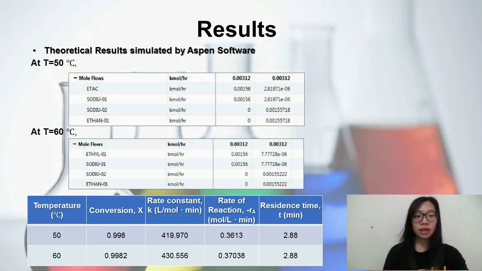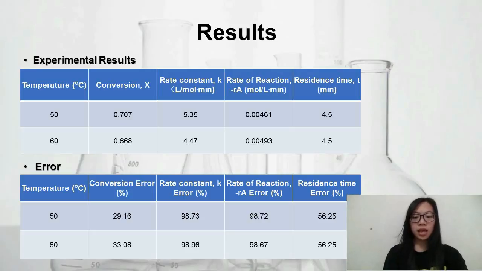The theoretical results have been tabulated in the table below, with the theoretical residence time calculated by dividing volume by volumetric flow rate. The experimental result is tabulated in the table above, with the experimental residence time taken when the conductivity is constant for over 3 values, whereas the error percentage is tabulated in the table below.